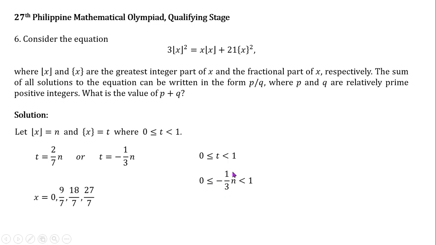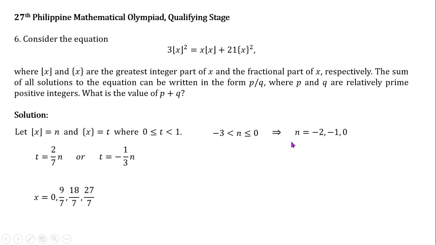So, if we multiply the inequality by negative 3 so that it is only n that is retained in the middle, we need to reverse the inequality symbol. So, after multiplying this inequality by negative 3, we must get n greater than negative 3 but less than or equal to 0. Alright, again, n is an integer. So the possible values of n in this interval are negative 2, negative 1, and 0.